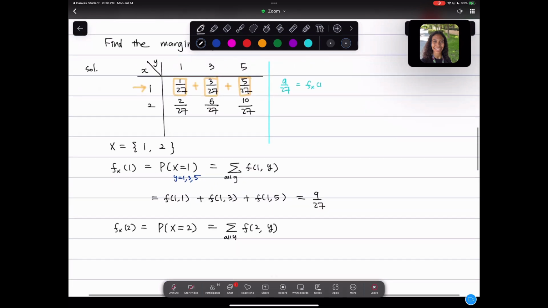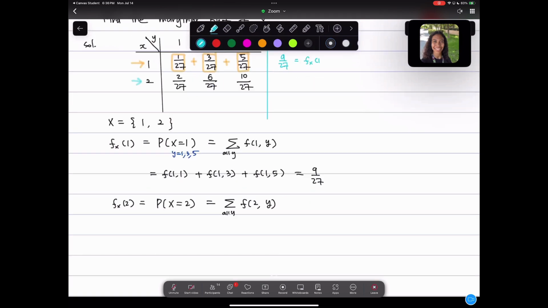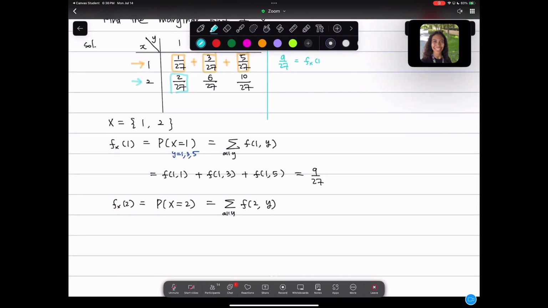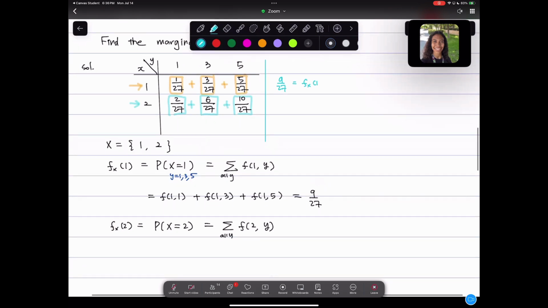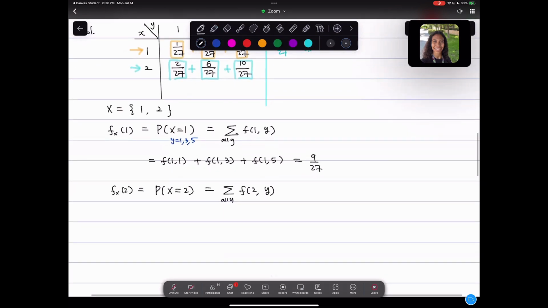So I'm getting (2, 1), (2, 3), and (2, 5). So adding these, that will become your marginal probability of x equals 2. So this is it. So f of (2, 1), (2, 3), and (2, 5), which is 6, 2, 8, 18, so 18 over 27.